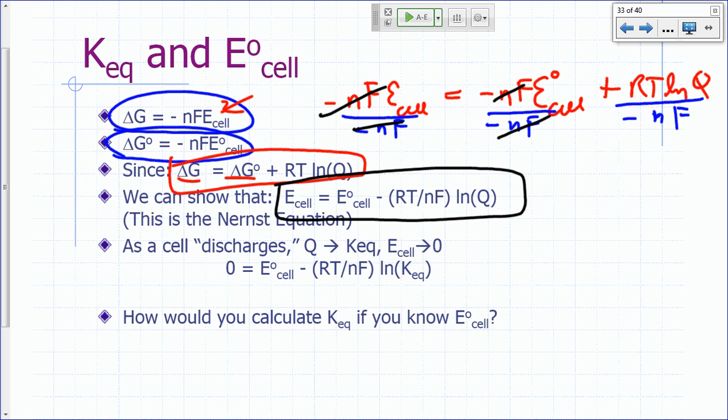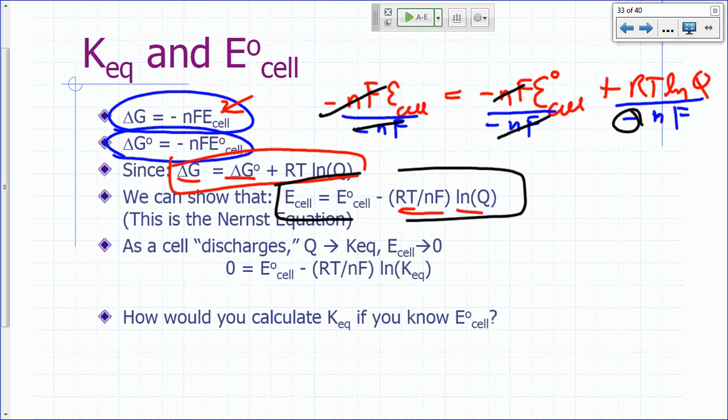The cell potential is equal to the standard cell potential minus RT over nF times natural log of Q. This tells you how the cell potential depends on your reaction quotient.